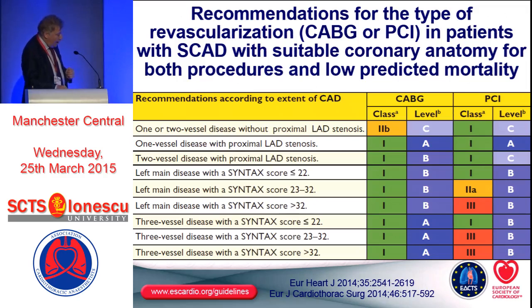Now we come to this table of recommendations that Professor Taggart has already commented on. I would first like to point out the title of the recommendation. That's very important. Recommendations for the type of revascularization, CABG or PCI, in patients with stable CAD, with suitable coronary anatomy for both procedures and low predicted surgical mortality.